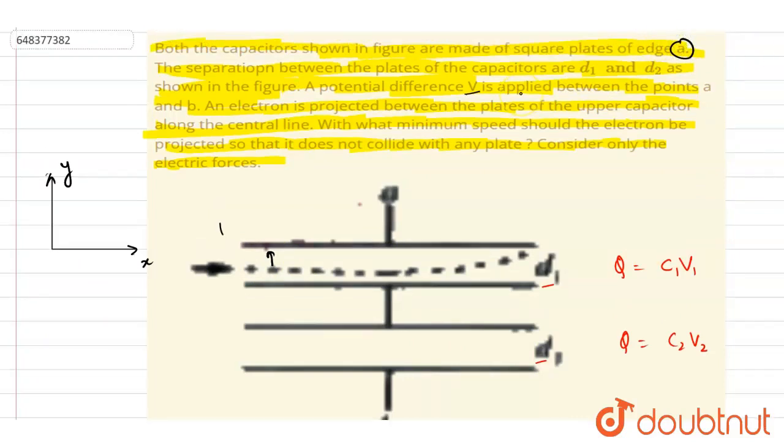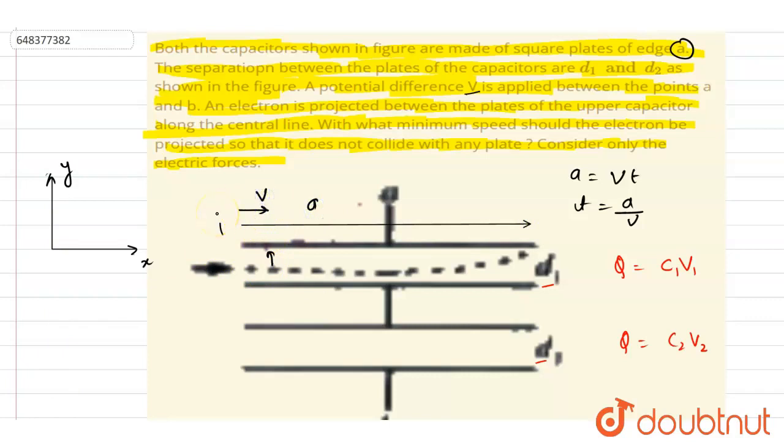So we'll write the time. The distance traveled is v into t, so time will be equal to a by v. This will be the time taken by the electron to travel a distance a in this direction, and here the velocity is v.